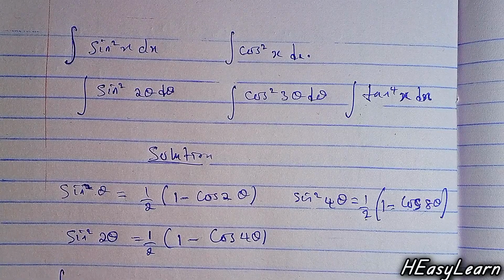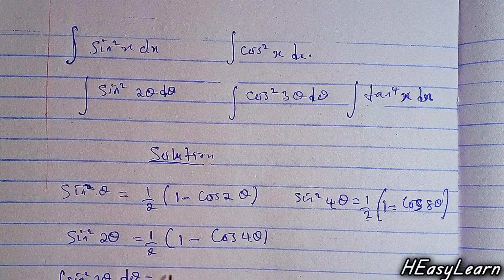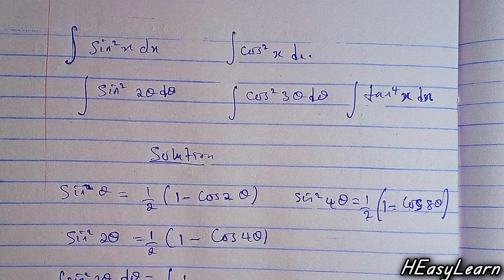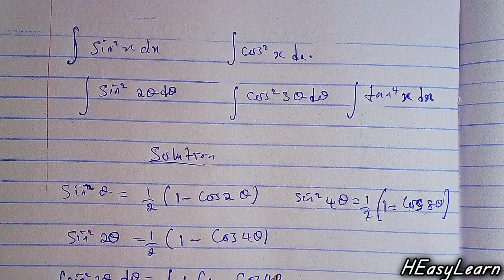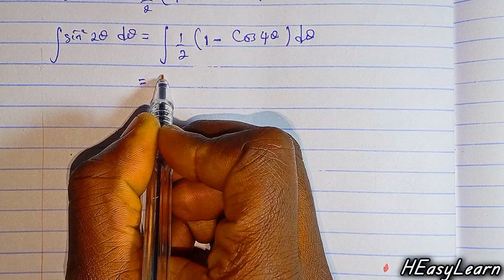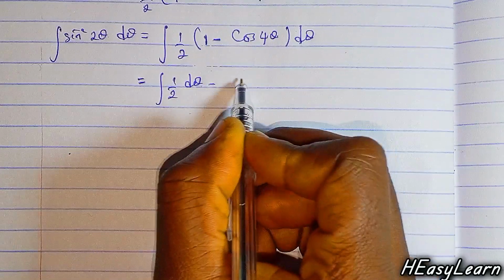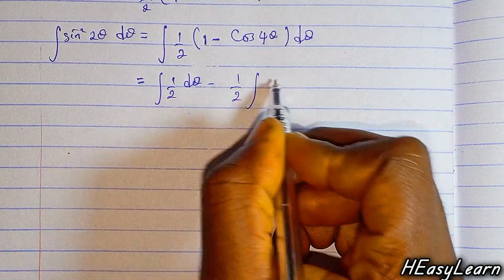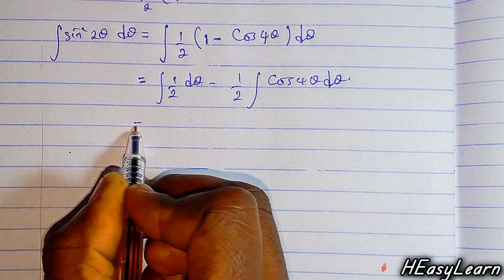So to integrate sine square 2 theta d theta, this is the same thing as the integral of 1/2 (1 minus cos 4 theta) d theta. So you are going to integrate term by term. This is the same thing as 1/2 d theta minus 1/2 the integral of cos 4 theta d theta.